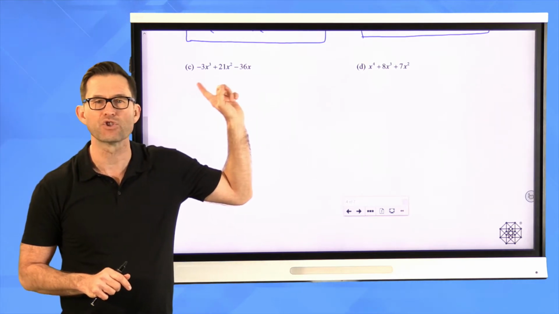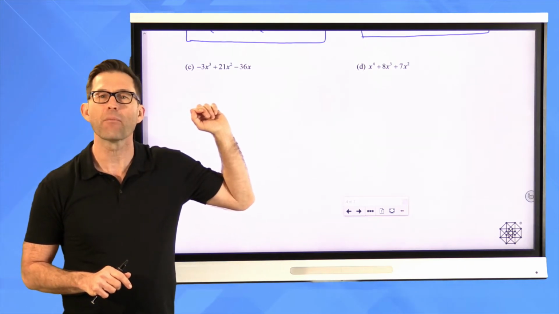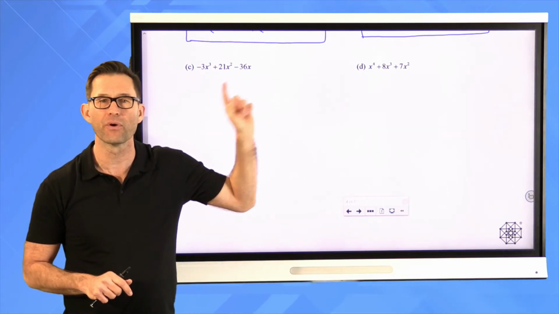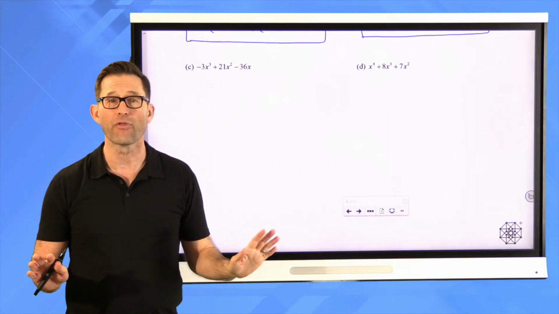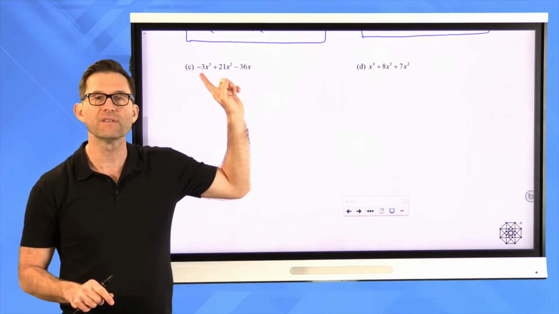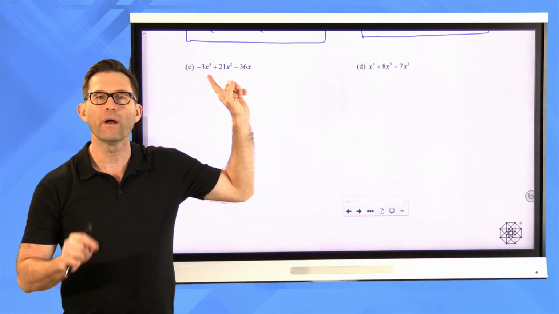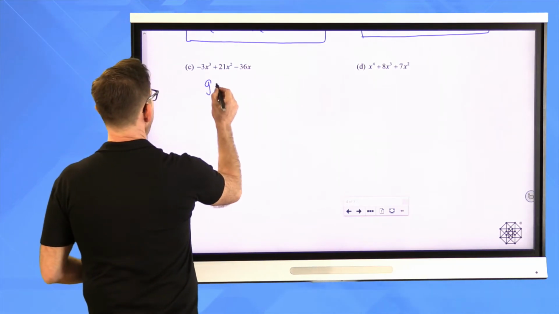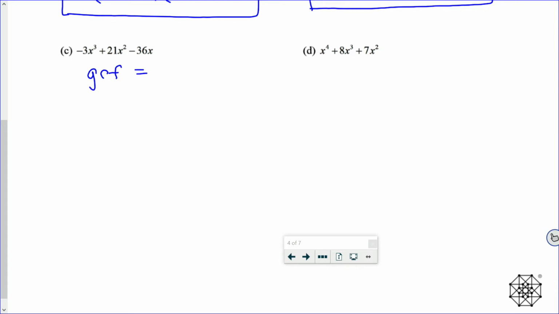Please note that for negative 3, positive 21, and negative 36, definitely 3 divides into all of them. But if the leading coefficient is negative, then you want your GCF to include that negative. In other words, I want my GCF to be negative 3, not positive 3.